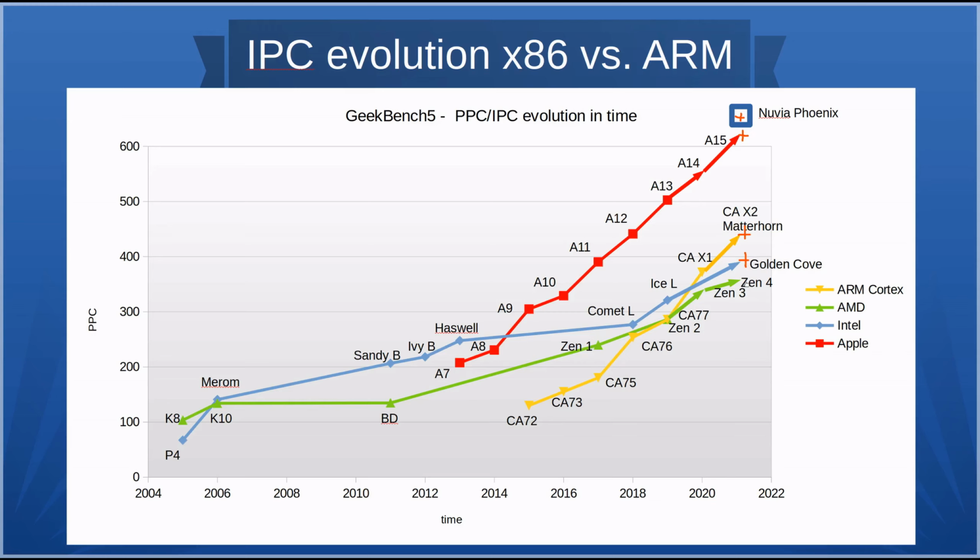And Zen 4 will be the second generation of floating point beast after Zen 3. So next year is super exciting, and Zen 3 and this Cortex are just the beginning. I think it's absolutely insane what is coming next year.